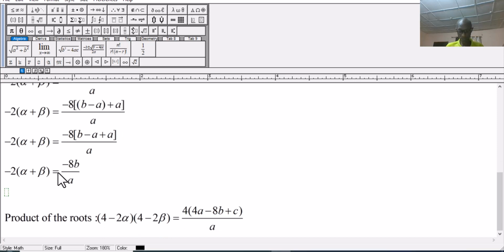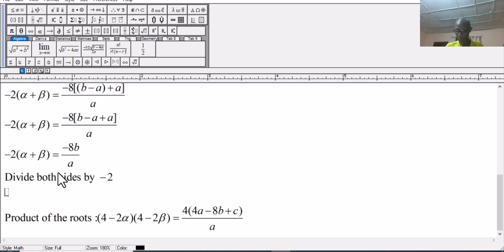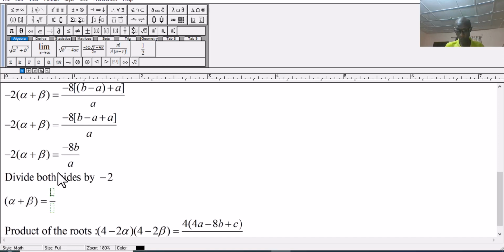So you can now divide both sides by minus 2. By the time you divide both sides by minus 2, you have alpha plus beta equals 4b over a. So that is the sum of the roots that we are looking for.